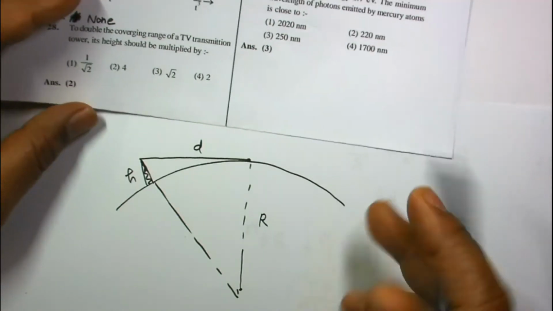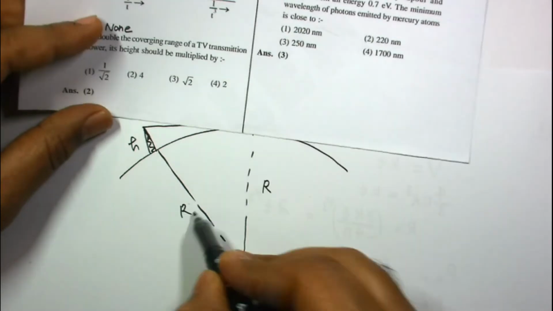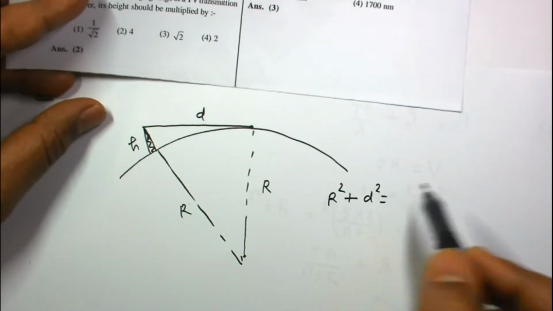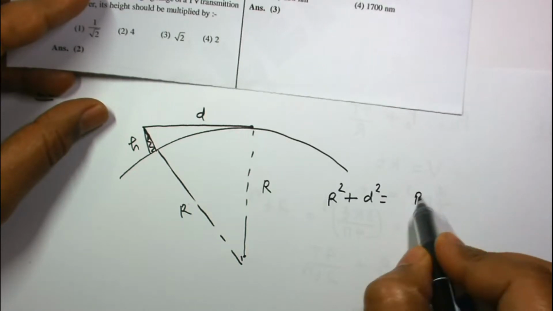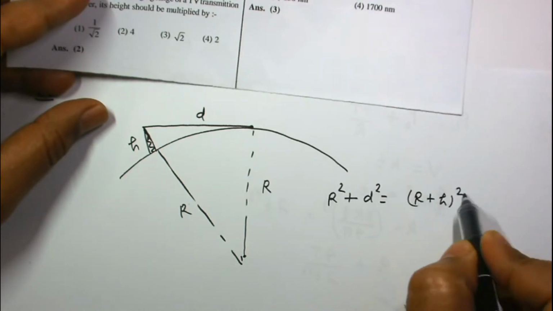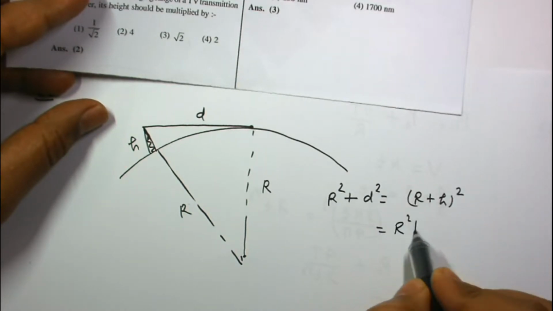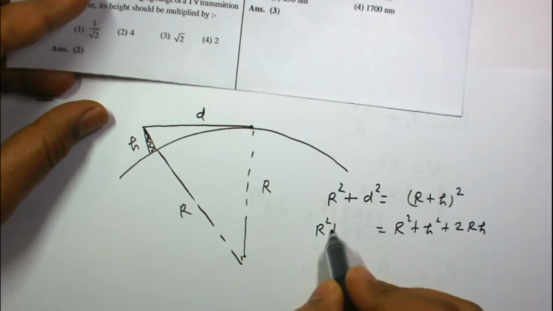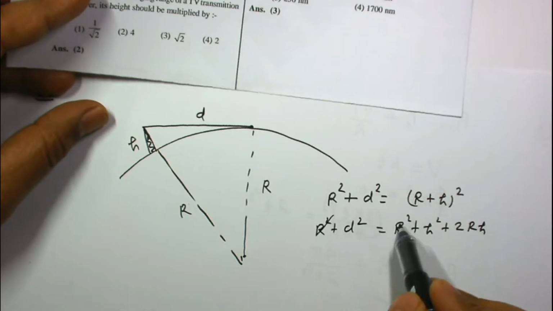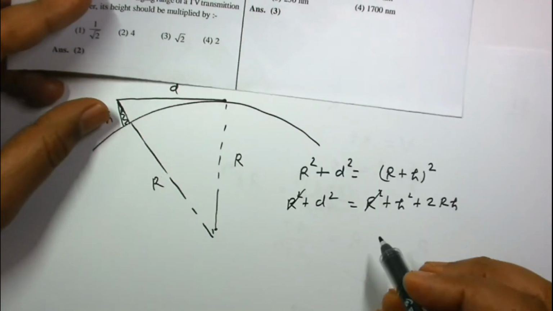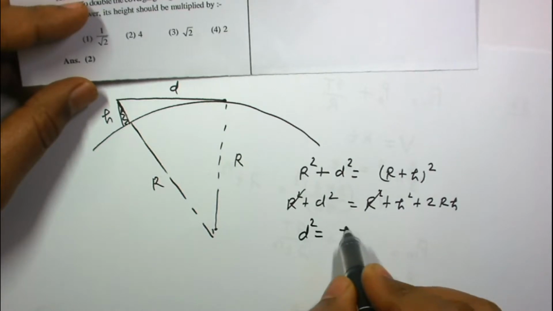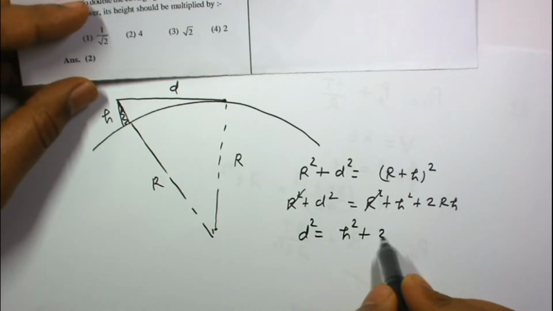Using Pythagoras theorem, R square plus D square is equal to R plus H whole square, which is R square plus H square plus 2RH. This R square is cancelled, and D square is H square plus 2RH.